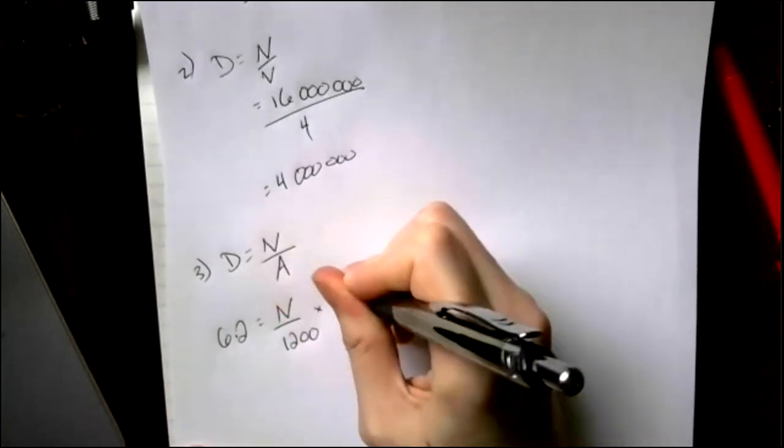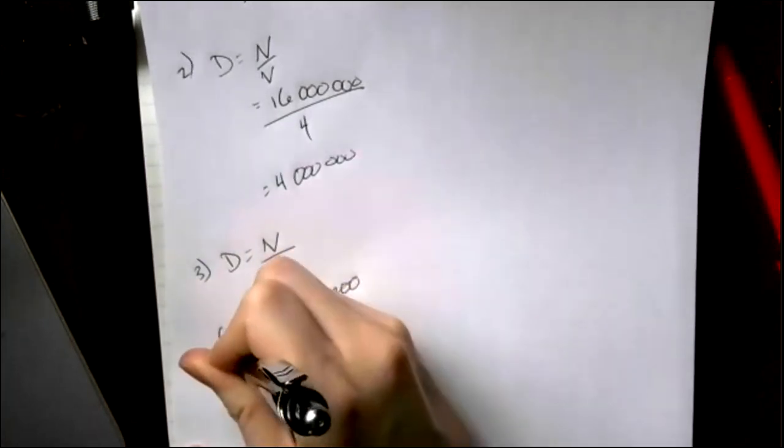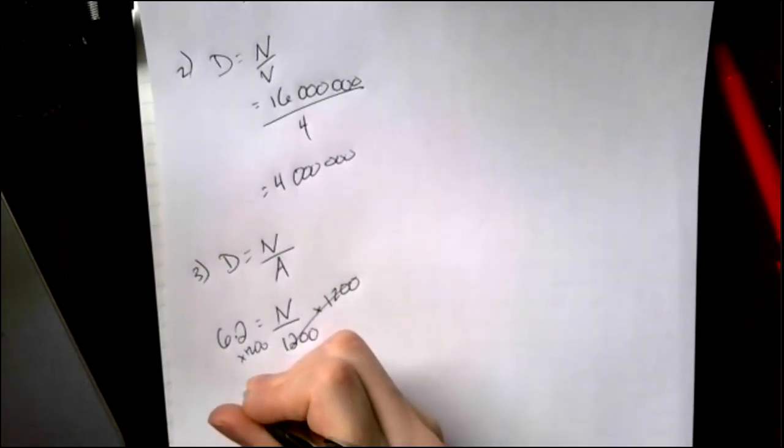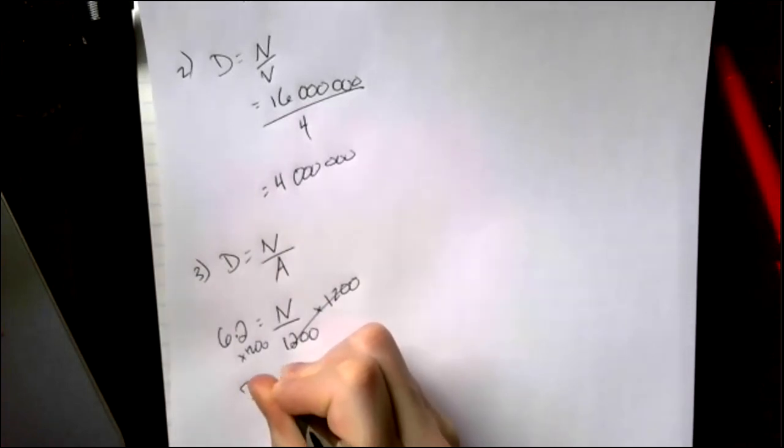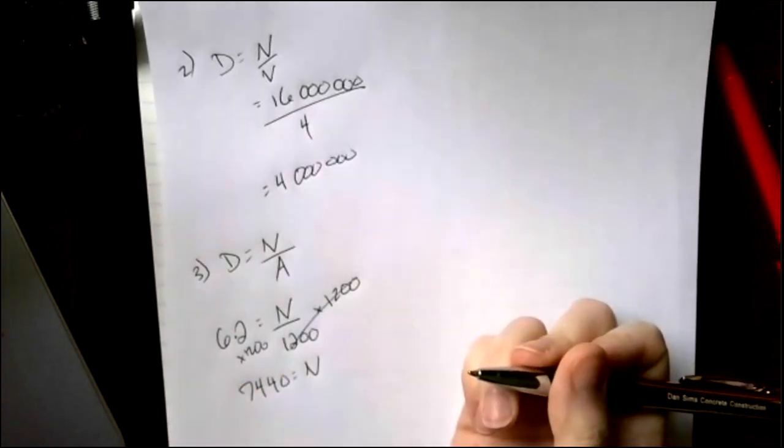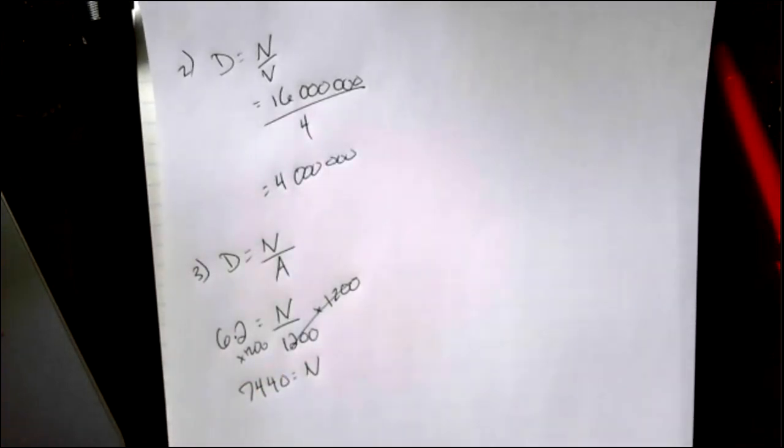So I, of course, just multiply by 1,200 to get my population size. So 7,440 individuals would be the answer to 3.